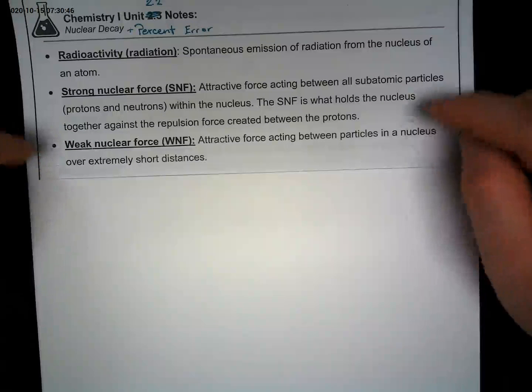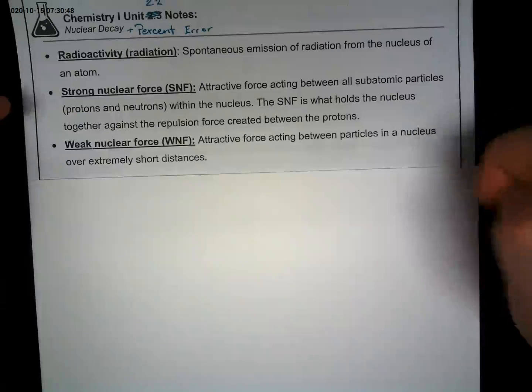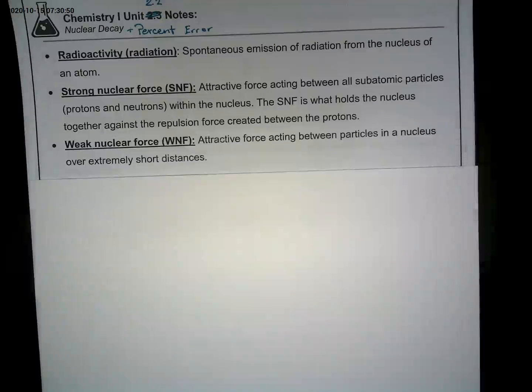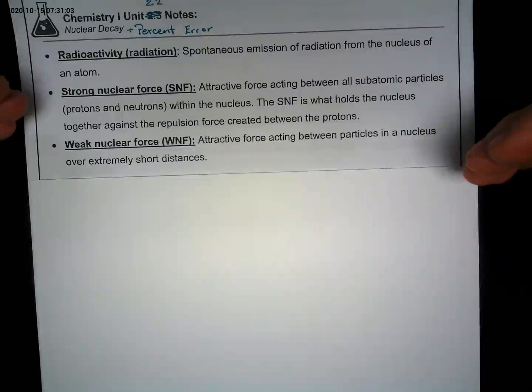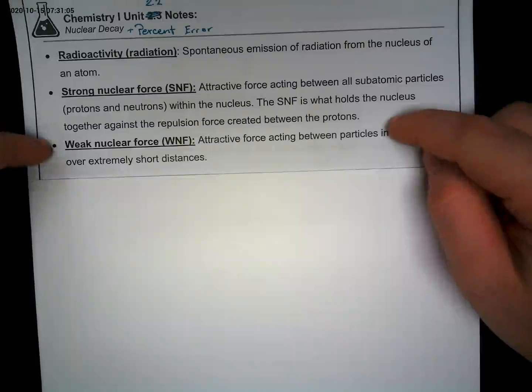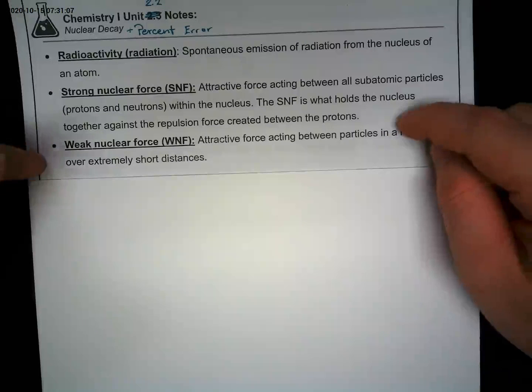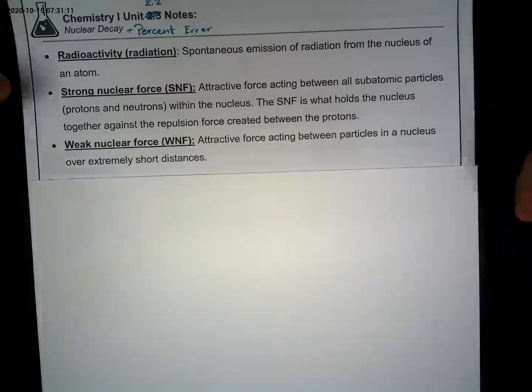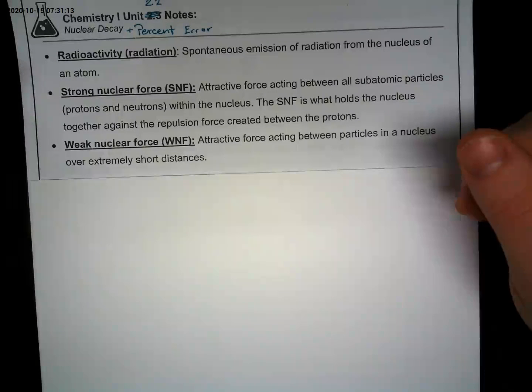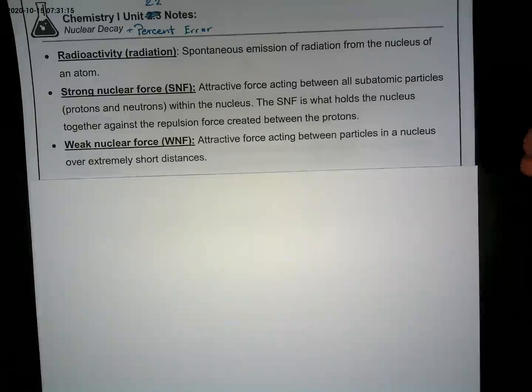And when this force is disrupted, when you have, say, protons or neutrons leaving, or certain electrons coming in violently, things change in relation to this. Because this is what holds your atom together, and in order to stay stable, your atom has to adjust. Your atom is more or less changed.